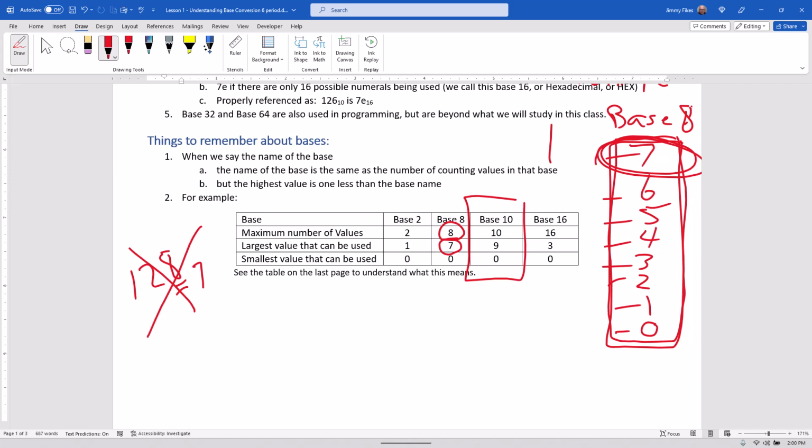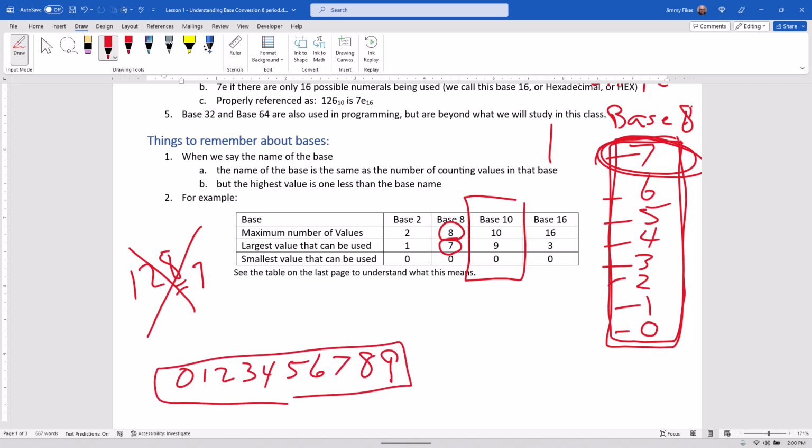Whether you call it 10 or whatever you call it, there's just 10. And they go 0, 1, 2, 3, 4, 5, 6, 7, 8, and 9. All together, there are 1, 2, 3, 4, 5, 6, 7, 8, 9, 10. But the largest one is one less than the name of the base, because we always start at 0.